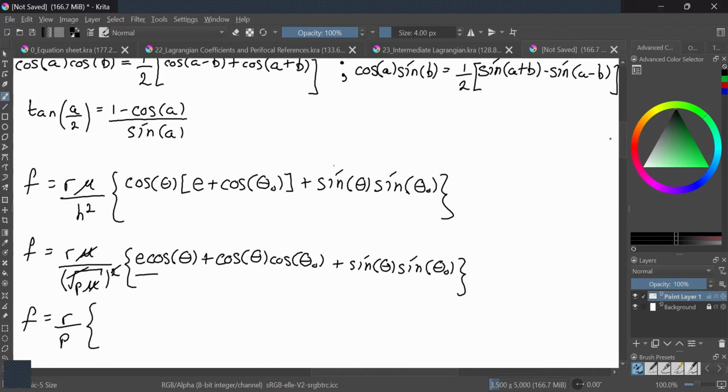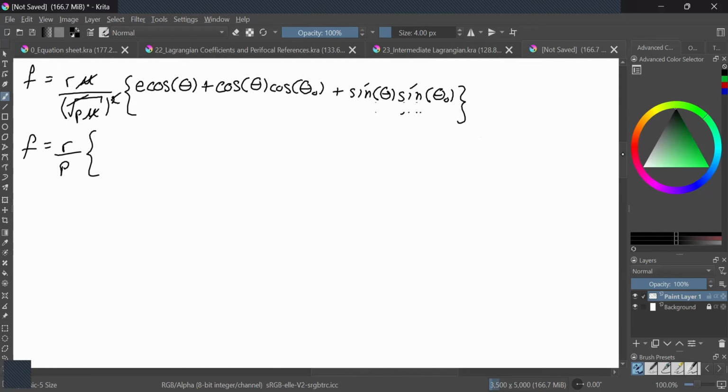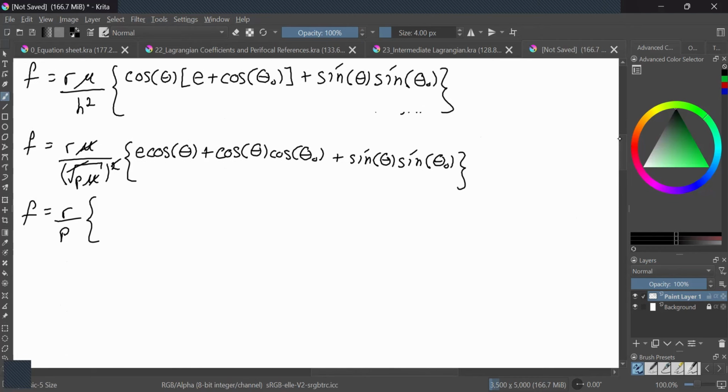Since I have a cosine of non-initial values here in that cosine, I am going to put the non-initial variance. So P over R minus 1 times the cosine of theta over the cosine of theta.